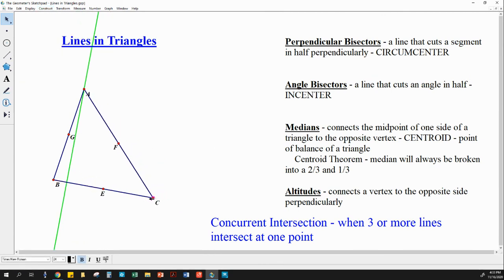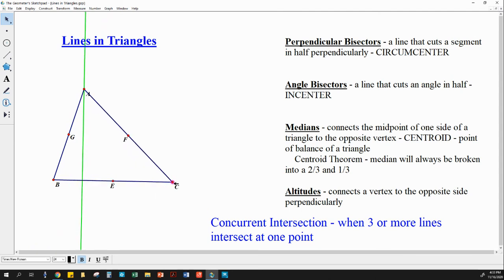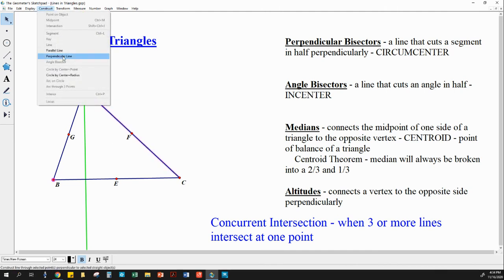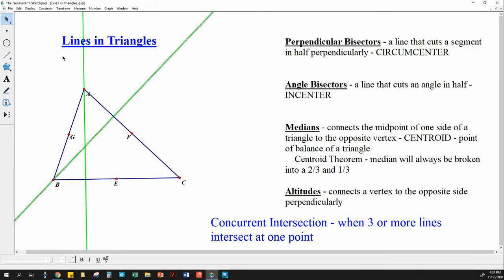So it's not necessarily going to hit the midpoint of that side. That's an altitude. How many altitudes can we create in a triangle? Every time the answer is 3. So I can go from this vertex to the opposite side, making it perpendicular. Then the last vertex, connecting to the opposite side.